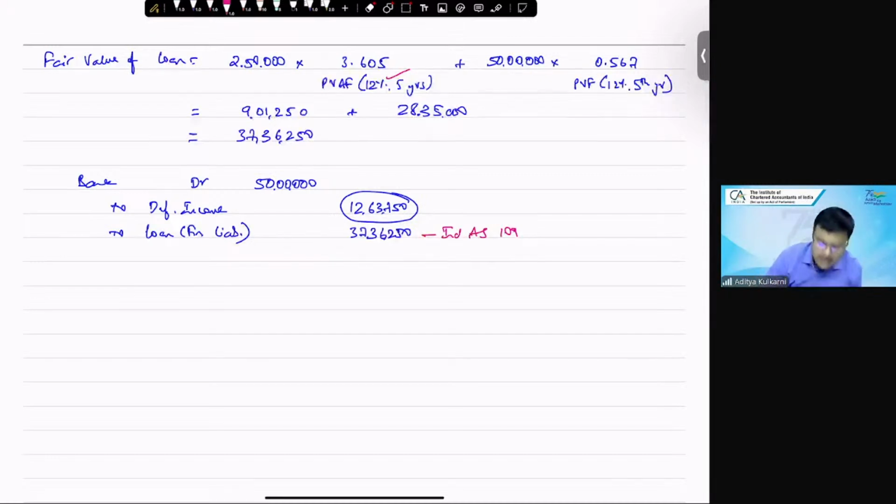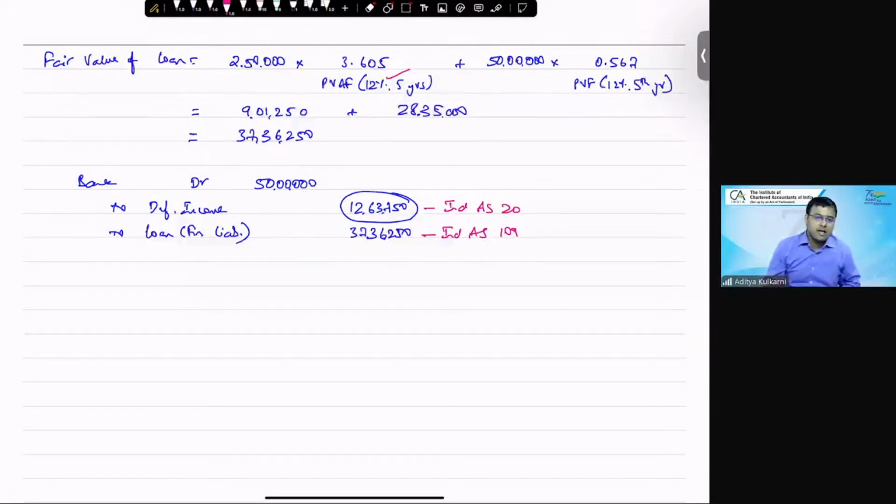But this 12 lakh 63, this is where Ind AS 20 is applicable. Ordinarily, I would have shown you Ind AS 109 movement. आज मैं वो दिखाऊंगा, then we will end up losing time for Ind AS 20. Okay, so 12 lakh 63,750 is my deferred income.